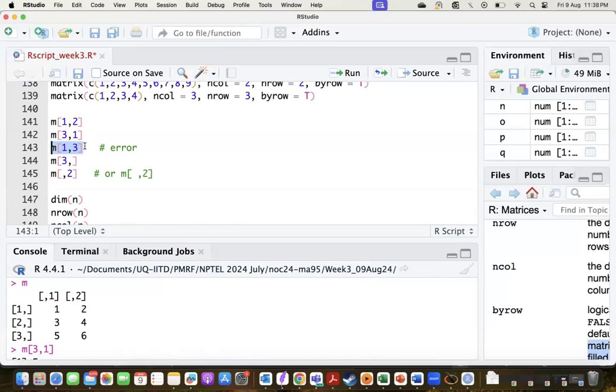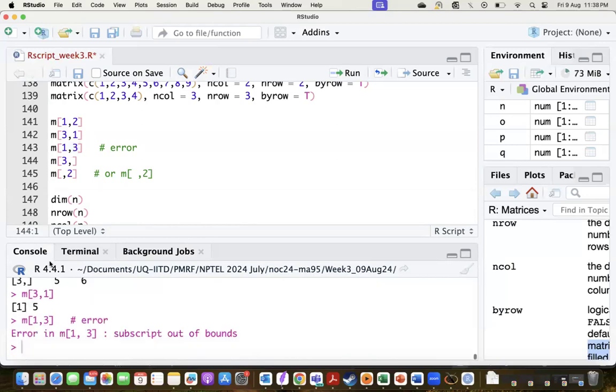Third column is not here, so that's called error. Perfect. So whenever you get an error, it means you're not going to get any output. The error says here that subscript is out of bounds. Very often positions are referred to as subscripts. So subscript is out of bounds because it's out of what was actually there in that data.